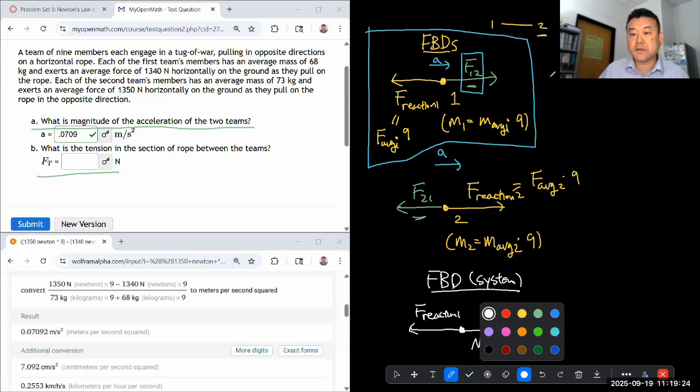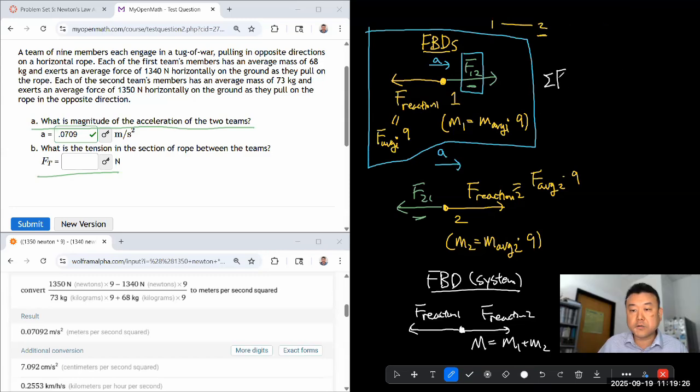For team 1, I can say that net force, let me write down the internal force first, since it's going in the same direction as acceleration. F12 minus the F reaction, the outside force, is equal to mass 1, the total mass here, times the acceleration.